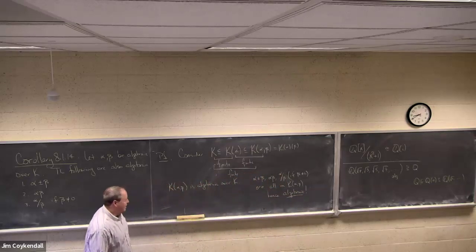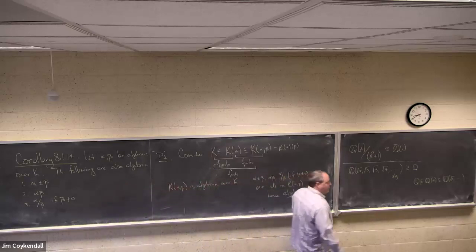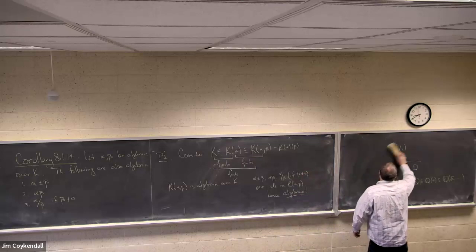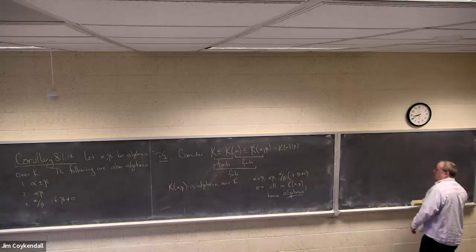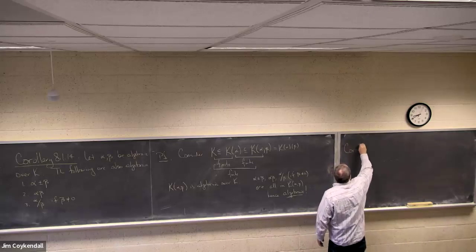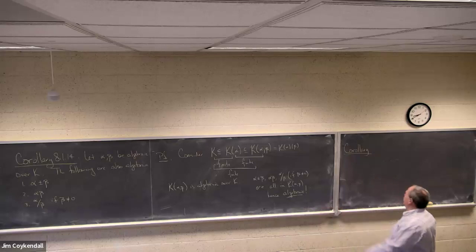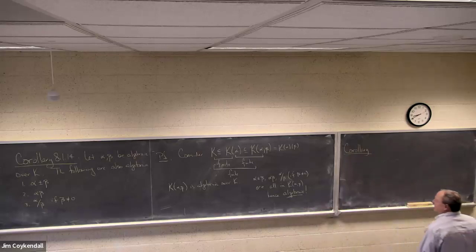Slick, right? You gotta love that. Don't know their polynomials, but I know they exist. So here is another corollary to the corollary. I pulled this out separately, so I'm not gonna number this one.